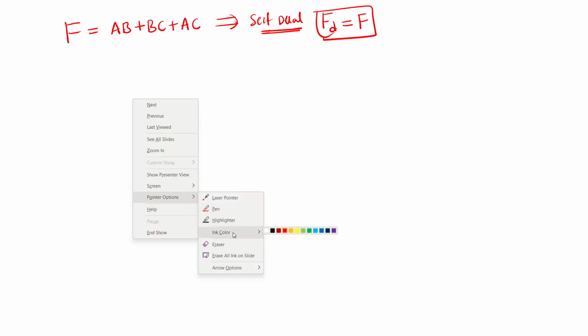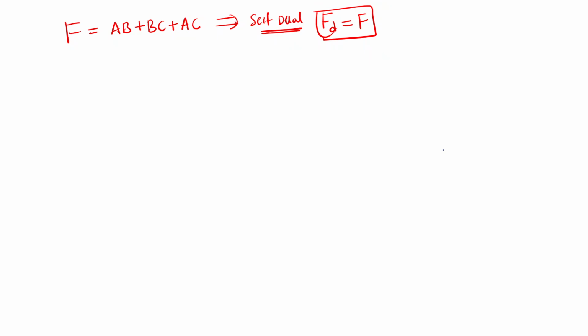So what is the self dual? We'll see. I'm taking this function, F equal to AB plus BC plus AC. Apply the dual of this function. So what is the dual of this function?